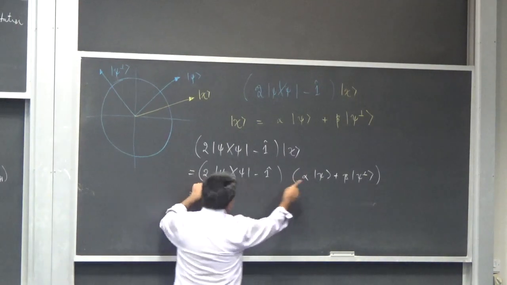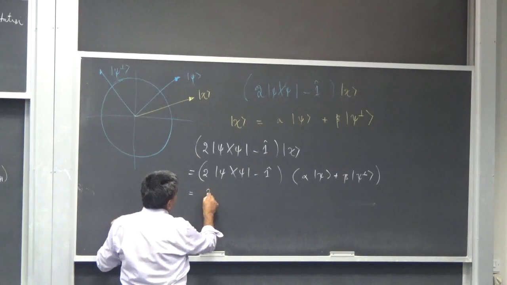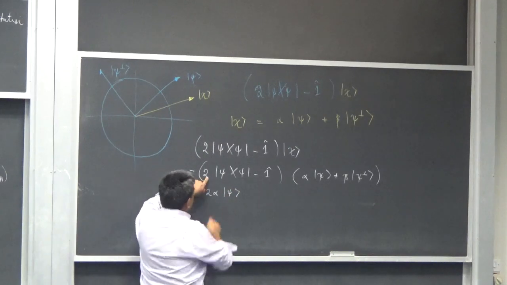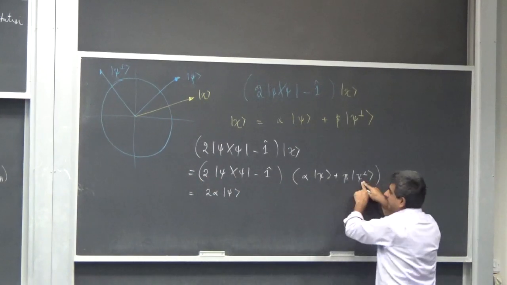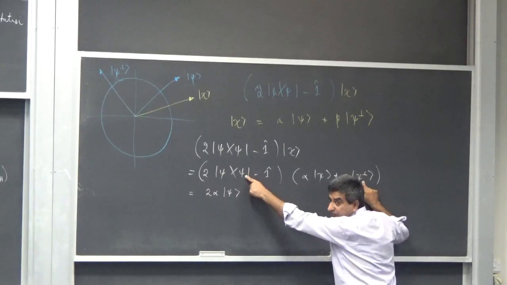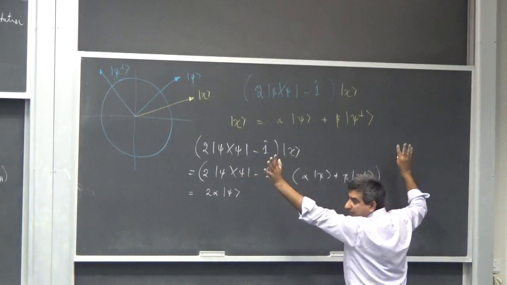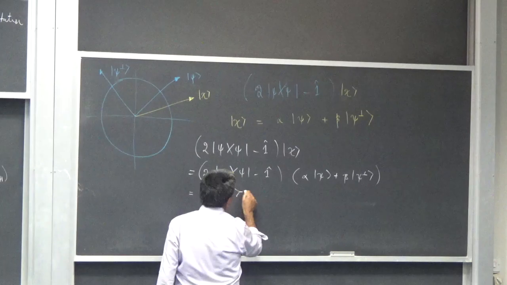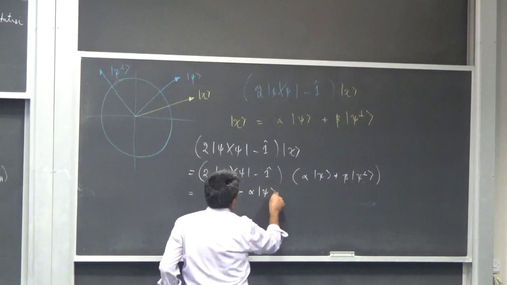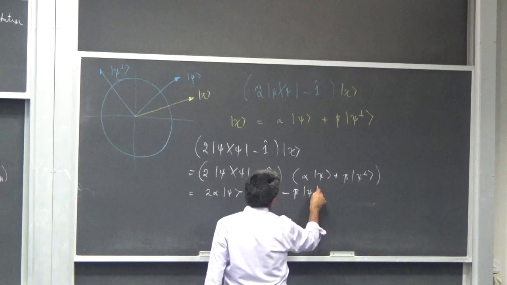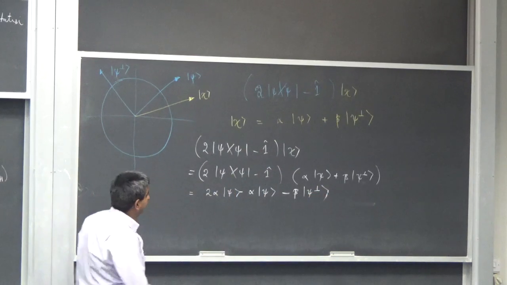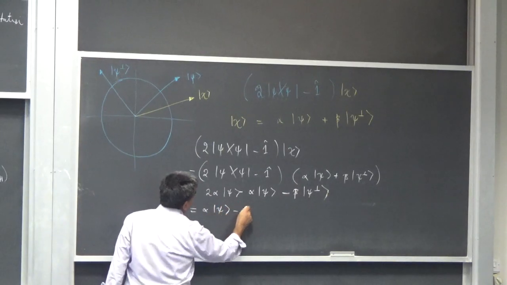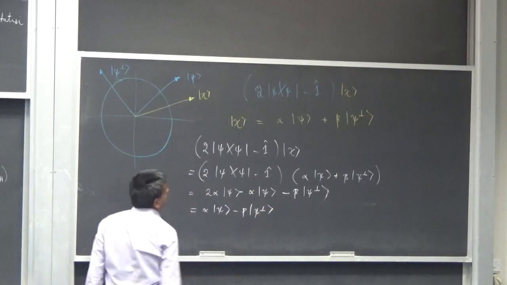Now let's have this operator act over here. This gives me 2α ψ. When this operator acts on this state, this inner product will give me 0, so forget about it. Now this operator has to act here, so I get minus α ψ minus β ψ perpendicular. So this gives me α ψ minus β ψ perpendicular.